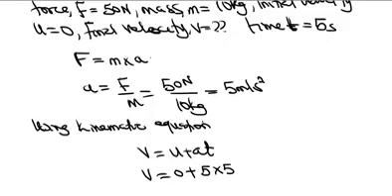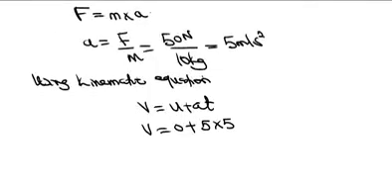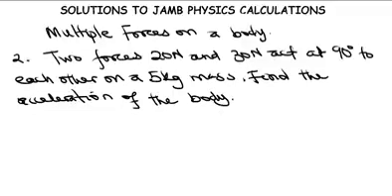So from here, we could see that our V is equal to 25 meter per second, and that's the velocity you are asked to calculate. That is the way to solve that question in a very simple and demystified way. Now, let's see how we are going to solve this question on multiple forces on a body.